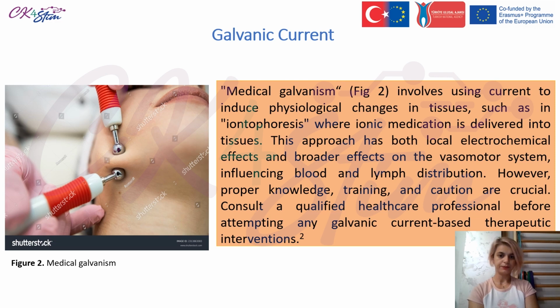Medical galvanism encompasses employing electric current to induce physiological modification within the tissue. An example is ionophoresis, wherein ionic medications are introduced into the tissue. So these techniques yield local electrochemical outcomes while also impacting the vasomotor system, thereby influencing blood and lymph circulation.